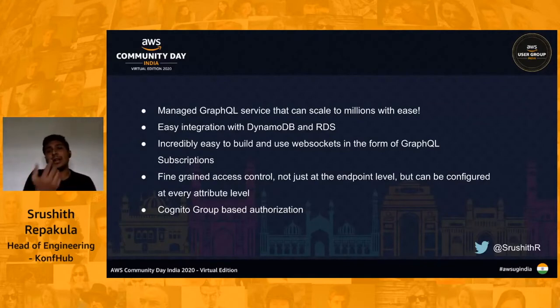Again, for people who have not used AppSync or GraphQL, generally what happens with API Gateway is we have an API Gateway, we have a Lambda function, then we have a DynamoDB. So we trigger the Lambda function to get some data from the database, let's say, for example, DynamoDB or an RDS instance.